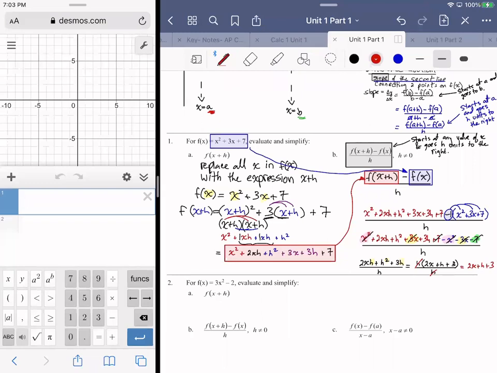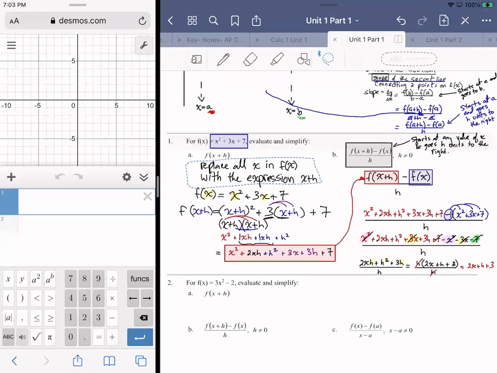So again, let me just kind of steal this. We're going back to this idea here that we're replacing all of the x values in f of x with the expression x plus h. That's going to be our first move.